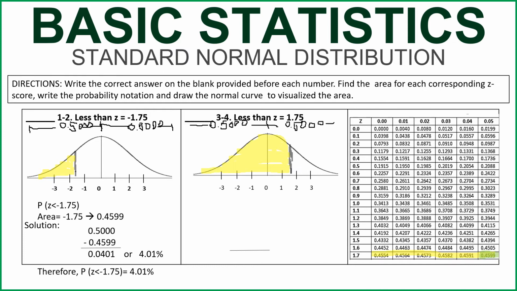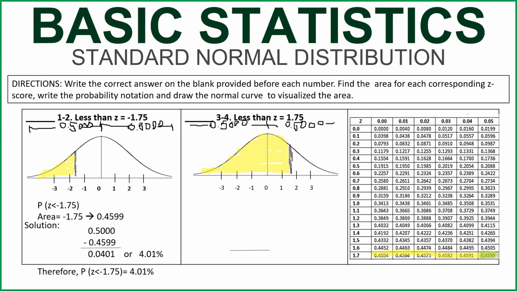So, 0.5. I really have a hard time writing because I only have a mousepad. Okay. And the left side of our normal curve is, again, 0.5. Because, as the property says, the total area of the normal curve is 1, or in percent, 100%.